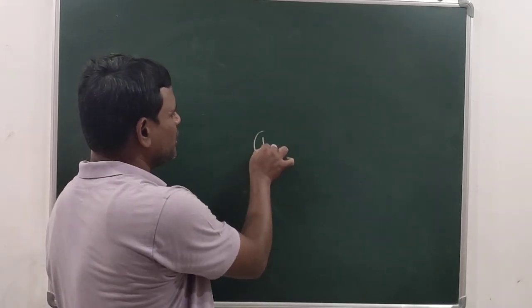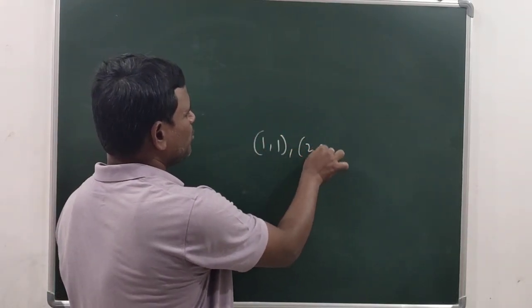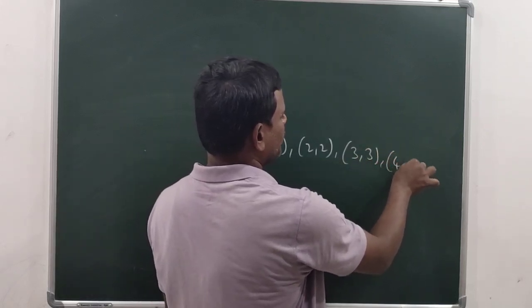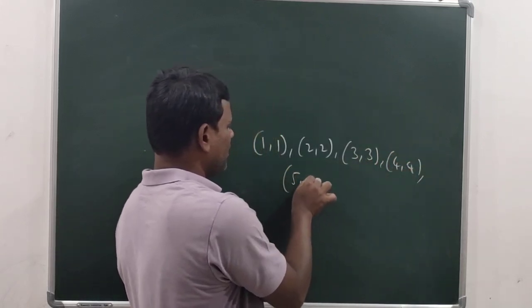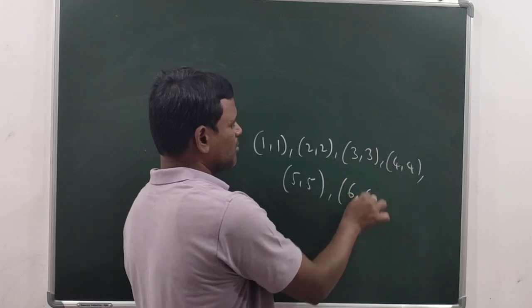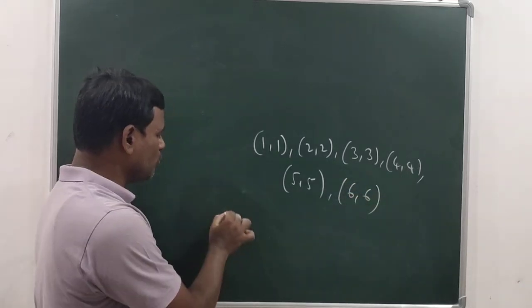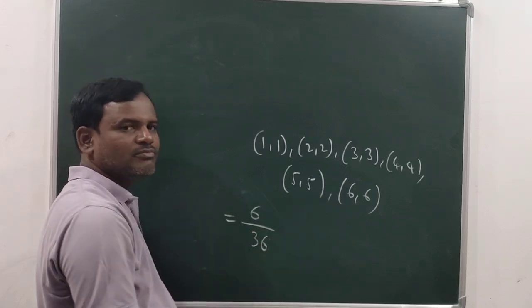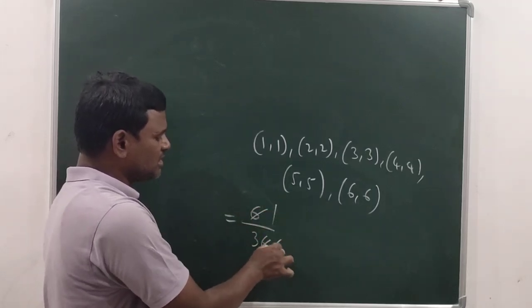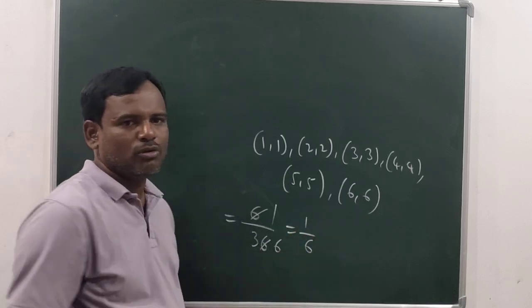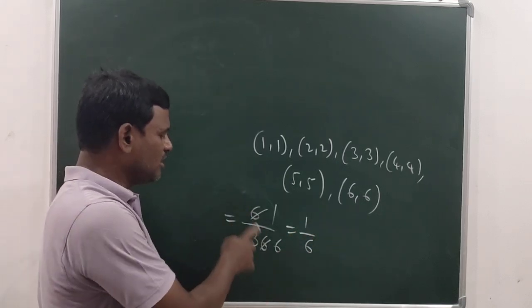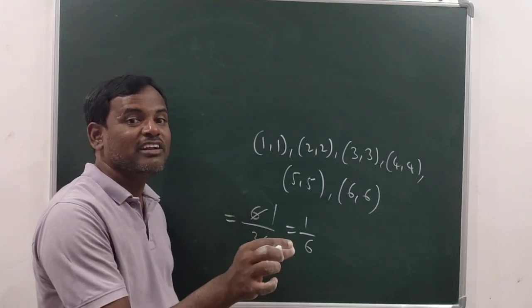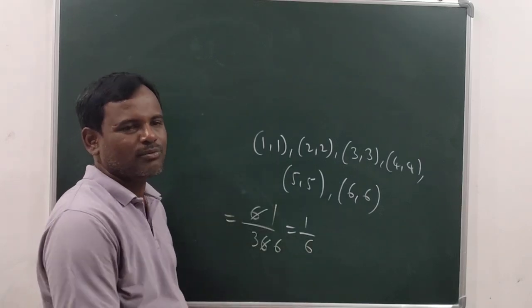So the possibilities are 1,1; 2,2; 3,3; 4,4; 5,5; 6,6. These are favorable counts which have to be written in the numerator, by total 36. So 6 by 36 is 1 by 6. Favorable outcomes 6 and total 36. 1 by 6 is the required probability of getting a doublet when we throw 2 dice on the floor.